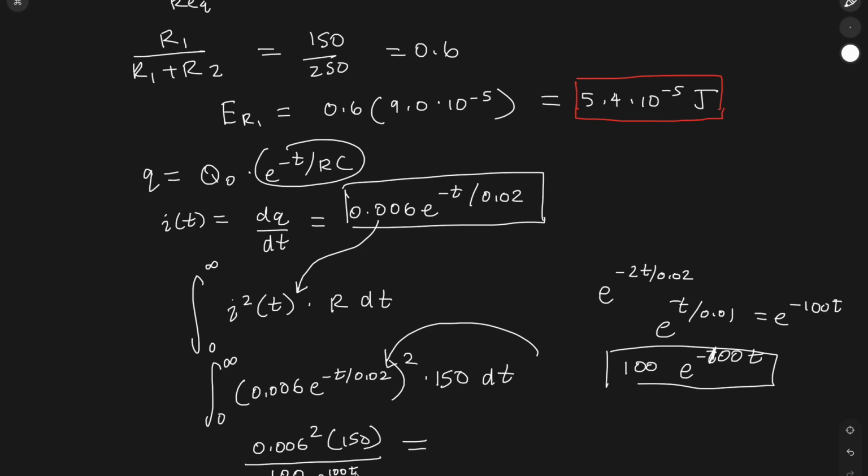Once you have that, you plug in infinity for t, because you're going from 0 to infinity. You don't really plug in infinity, but you evaluate as t approaches infinity.